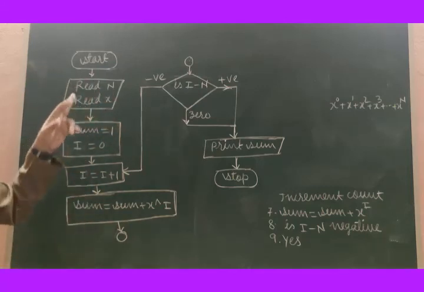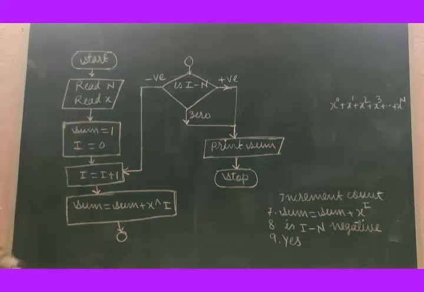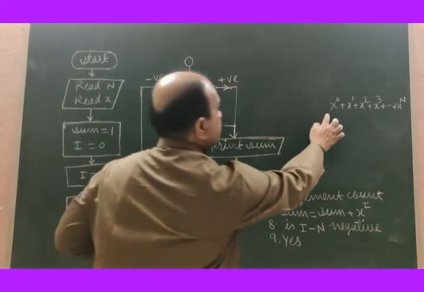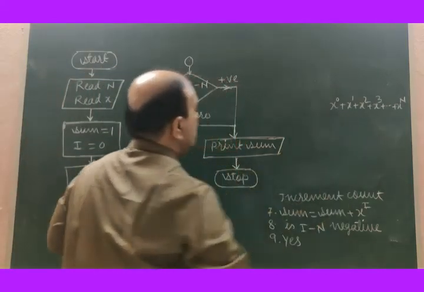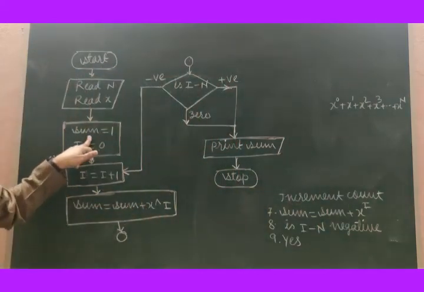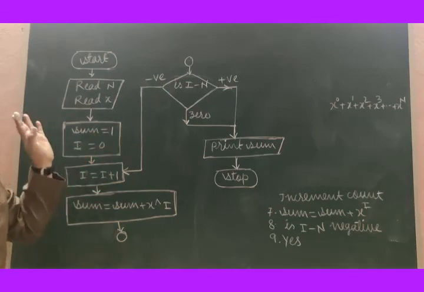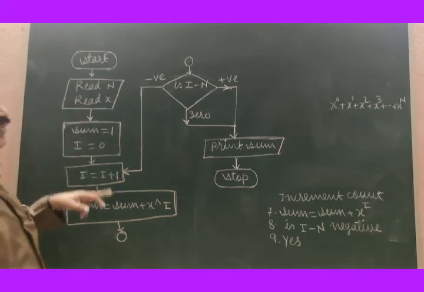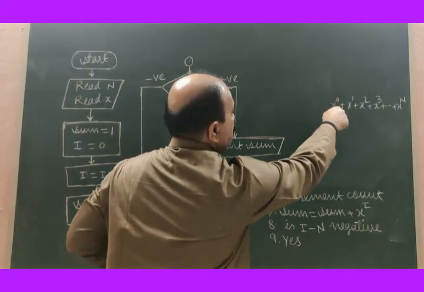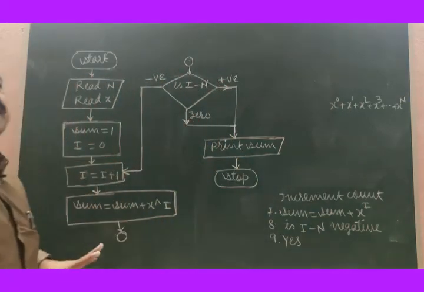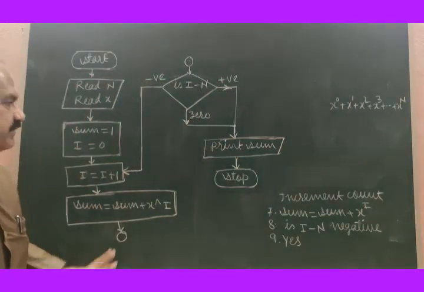So input these two values. Then declare sum is equal to 1 for this term. For x to the power 0, I am purposely declaring sum is equal to 1. So x to the power 0 is automatically taken inside the program.